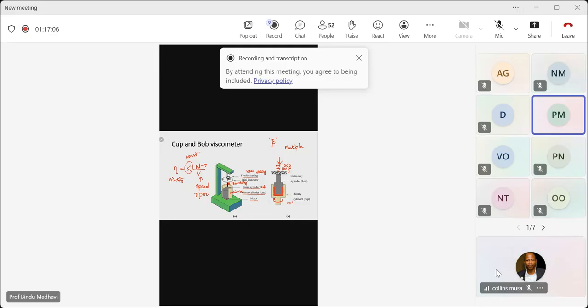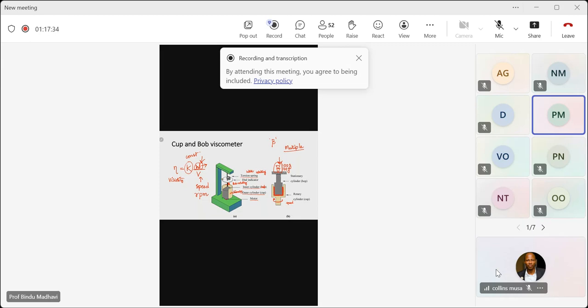There is no action of gravity with which rotations are happening. We are using a motor to rotate, and when you add weights and rotate, the amount of shear acting on the liquid is increasing. So as you go on adding the weights, there will be enormous increase in the amount of shear acting on the liquid. So that is the reason these are called multiple point viscometers.